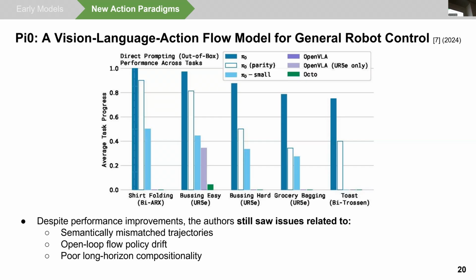How do they define task progress? Because right now everybody's moving towards this idea of recovery from errors and mistakes. So rather than telling you the success rate, I'm going to tell you how far I went throughout the process, right? But that's going to move the target a little bit, because prior work didn't do it. So what does it mean that Octo has 0% average task progress?